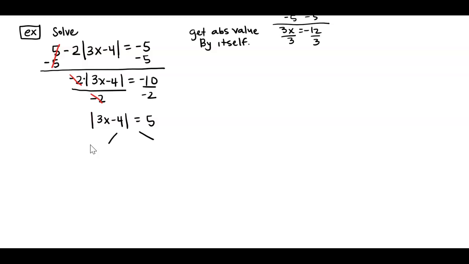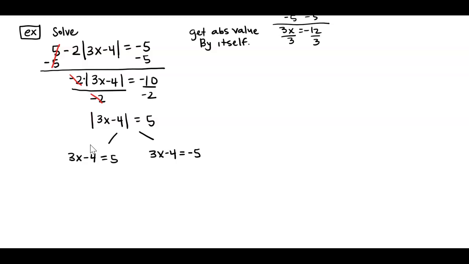The first one is going to just look like what we have, just without the absolute value. So it's just going to say 3x minus 4 equals 5. For the other one, I'm going to keep what's inside the absolute value the same, 3x minus 4, but then I'm going to put it equal to negative 5.